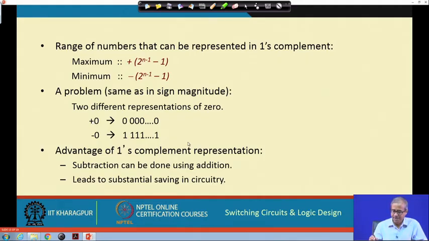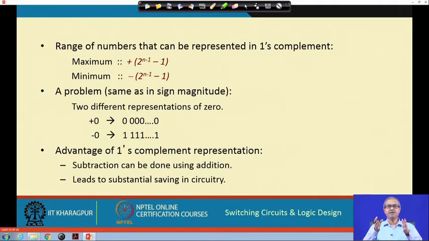But one big advantage is there. We shall not be discussing this now, we will discuss it later. One big advantage of 1's complement representation is that when you do subtraction, you do not need to separately subtract numbers, because you can subtract numbers using addition only. So, what does it mean? Well, in a computer system we have both addition circuits and subtraction circuits.